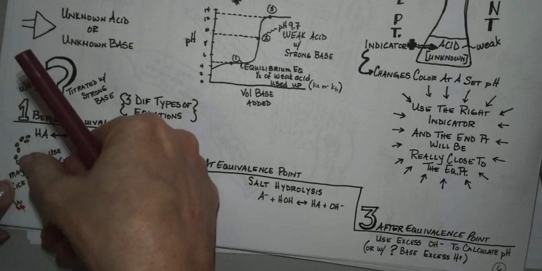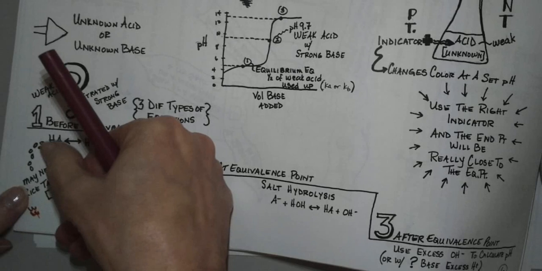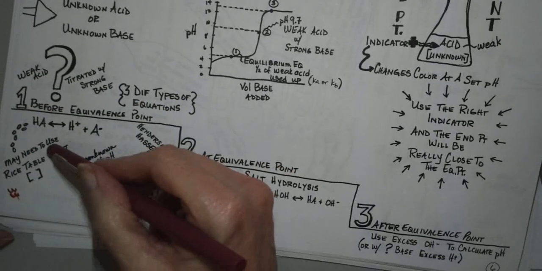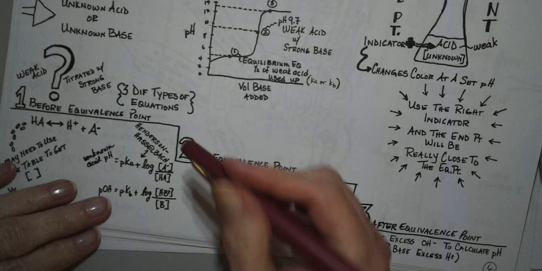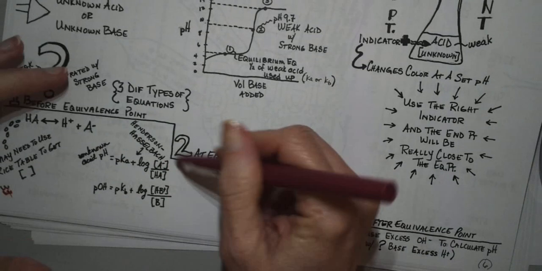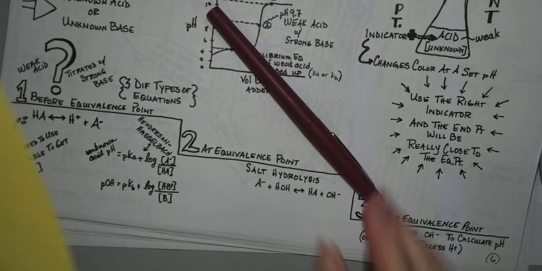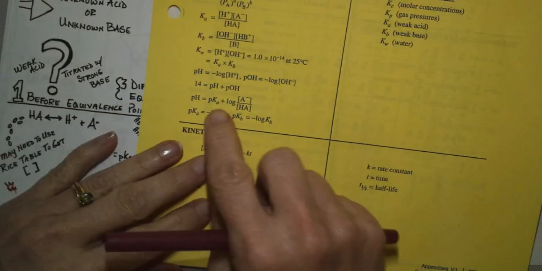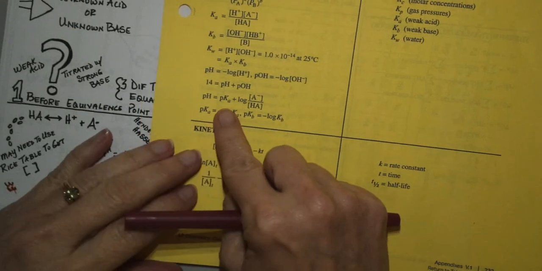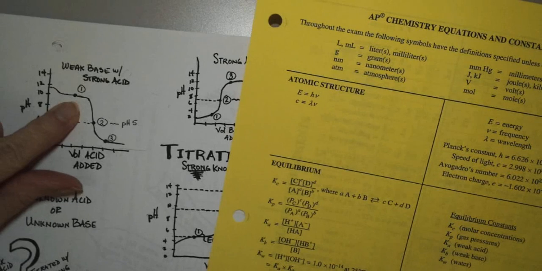This is called the Henderson-Hasselbalch equation, and it's on your page here. In this case, this is before the equivalence point. This would be the half equivalence point.